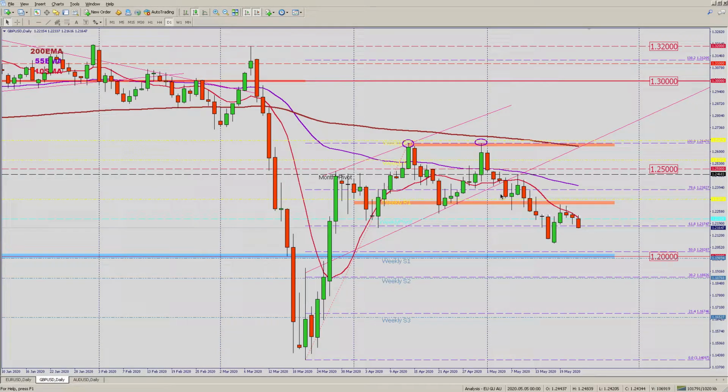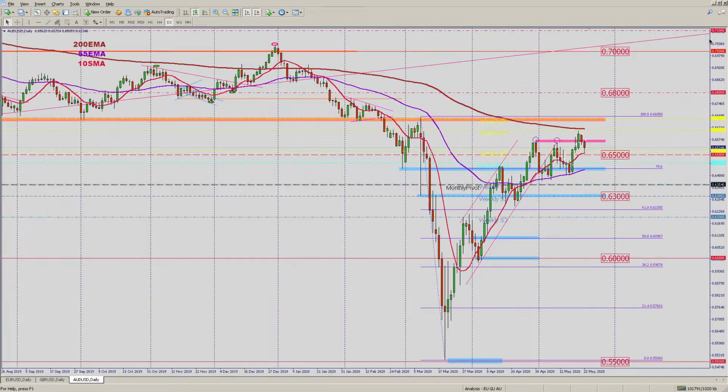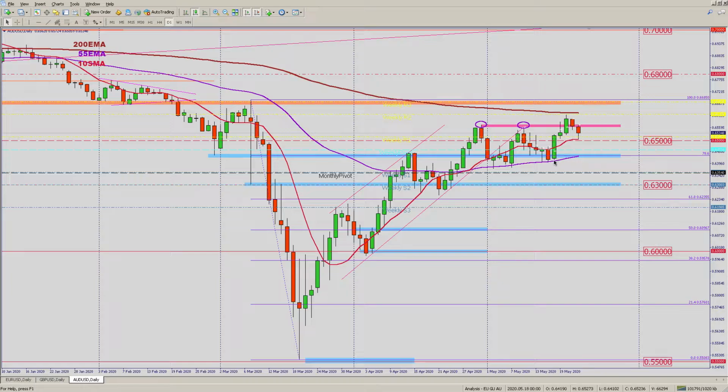All right, so let's move on to the Aussie dollar. And same as the other major pairs, it managed to find support and rebounded at the start of the week right from the daily 55 EMA.